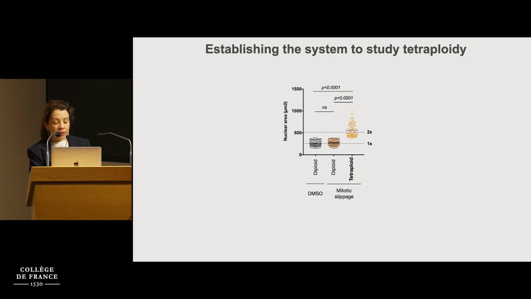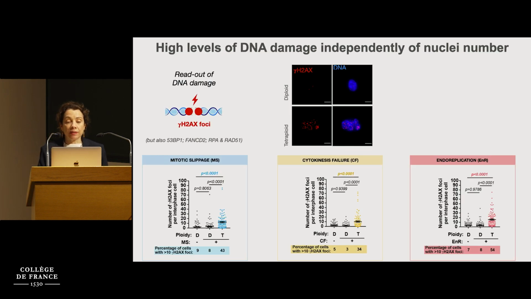And so we can identify, by counting the number of centrosomes and the nuclear area, tetraploid cells from diploid ones. And independently of the way we were generating tetraploid cells, we could see an increase in gamma H2AX within the first interphase.